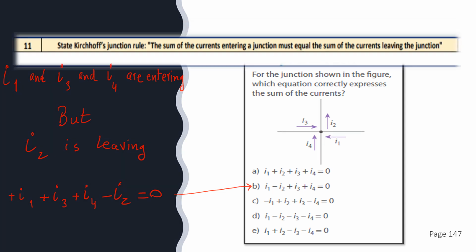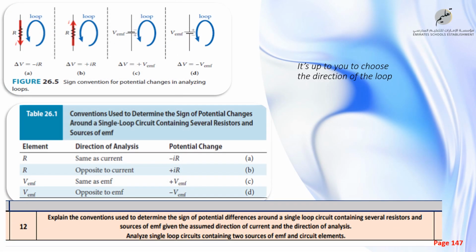We continue with the next idea. Here we also explain the conventions. This is very important. Explain the conventions used to determine the sign of potential differences around a single loop circuit containing several resistors and sources of EMF. So we are talking about the resistance and the batteries.